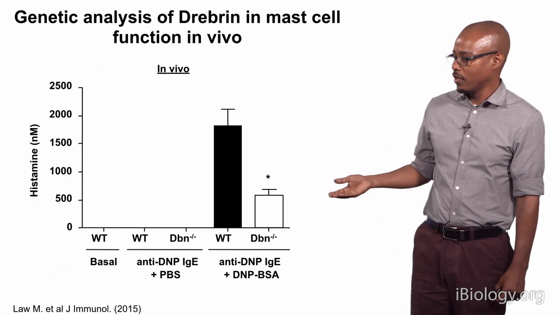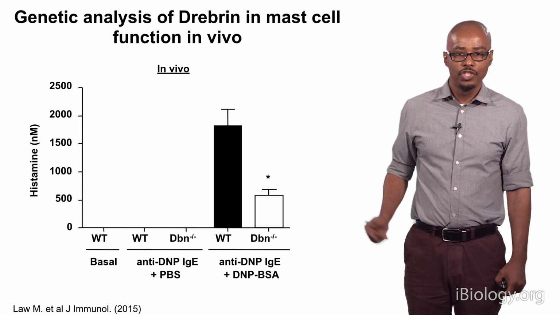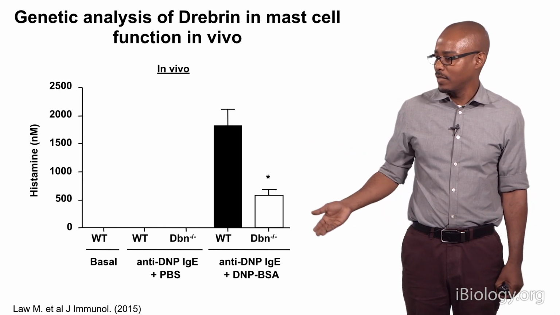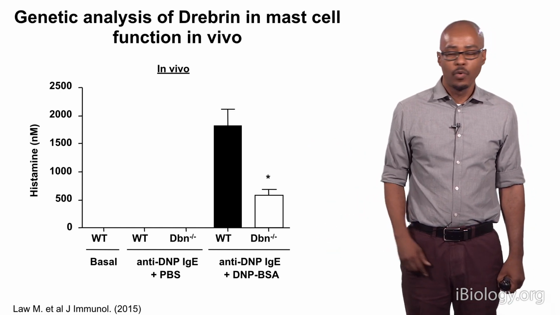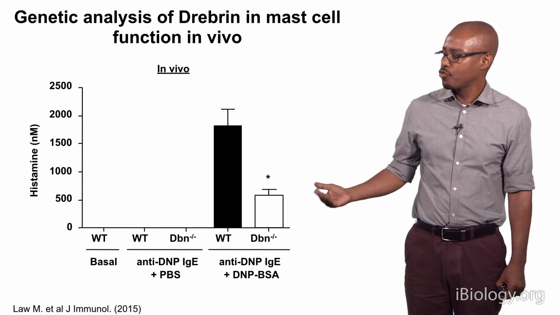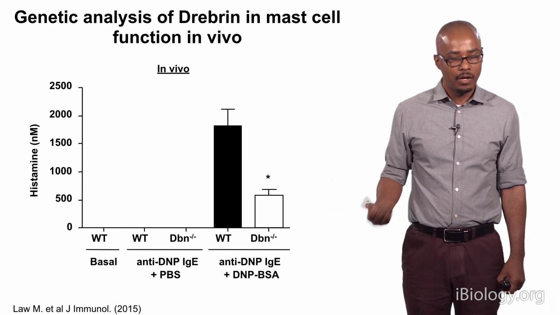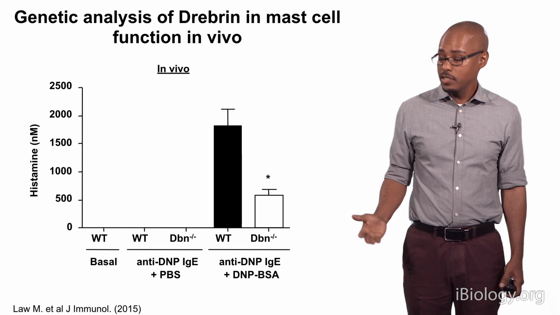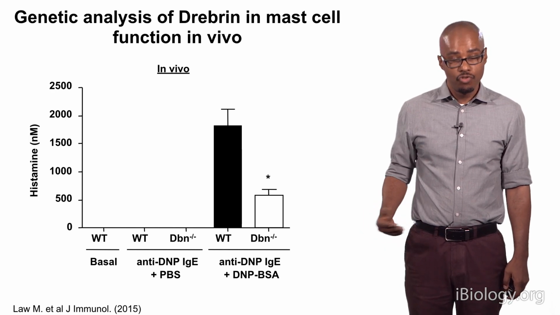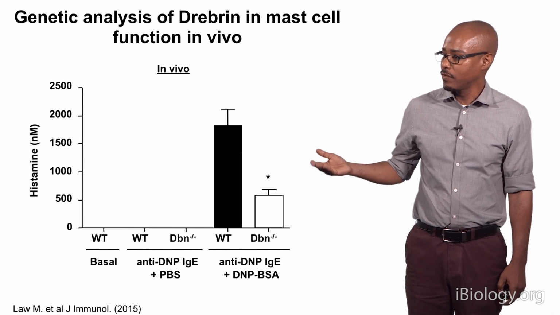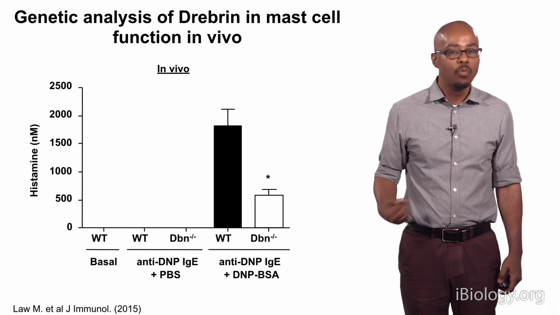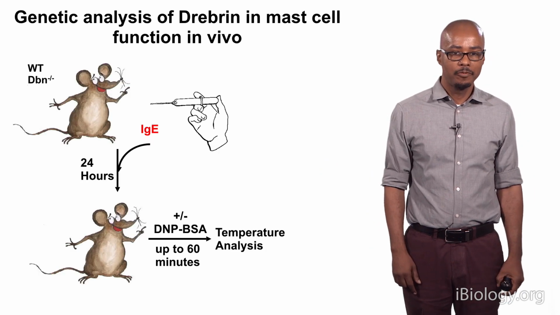And again, what you see here is that wild-type mice generated a lot of histamine when we gave them the allergen plus IgE, whereas the Drebrin-deficient mice had a much reduced histamine response under the same conditions. So these experiments indicated to us Drebrin was really important for the release of histamine from mast cells in vivo when we triggered them with IgE.